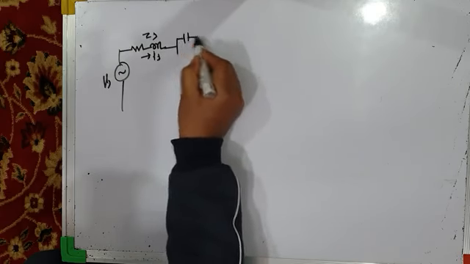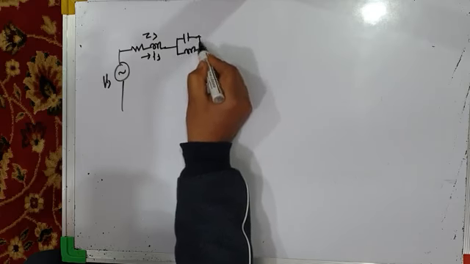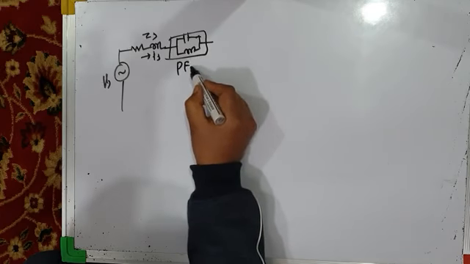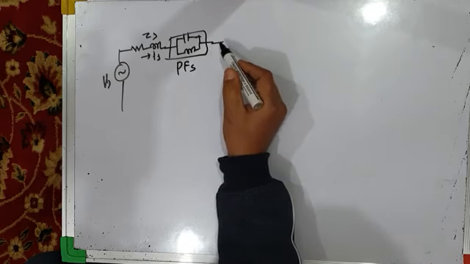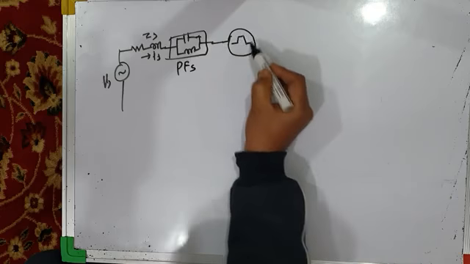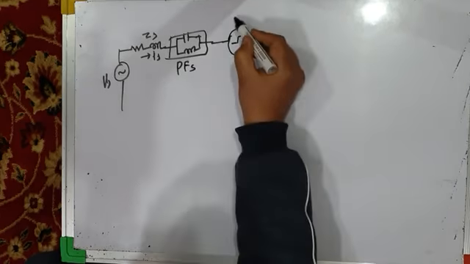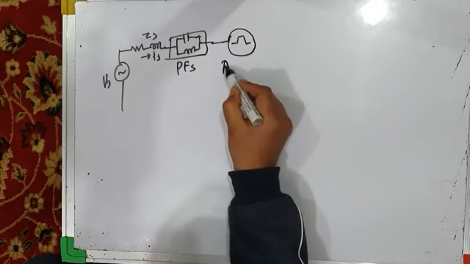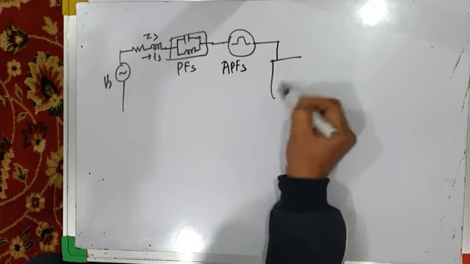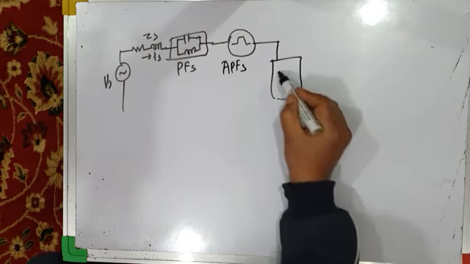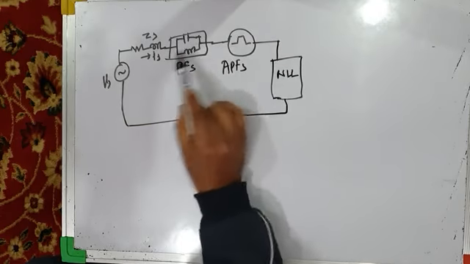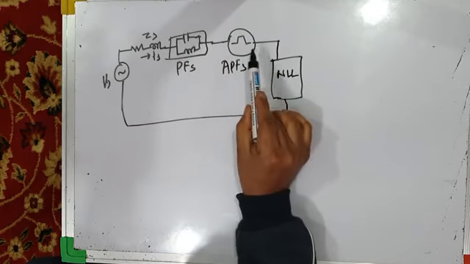You have a passive power filter, passive filter S for series, and you have an active power filter. This is series active power filter S for series, and this may be your load, maybe a non-linear load, or it may be even a linear load. Now this is a passive filter, this is an active power filter, both are series.